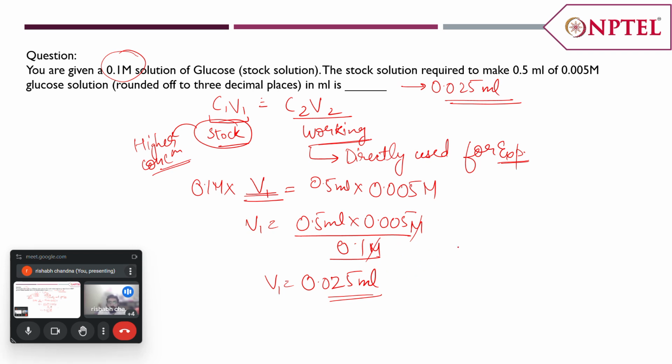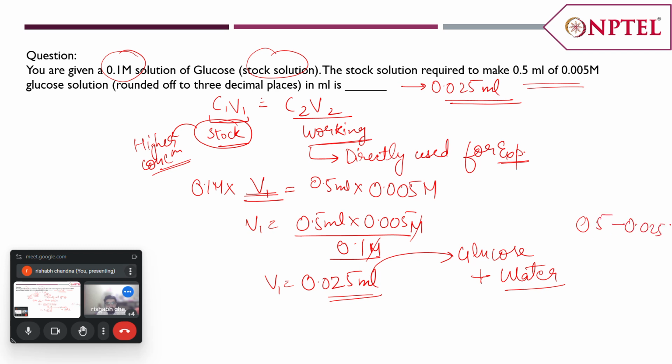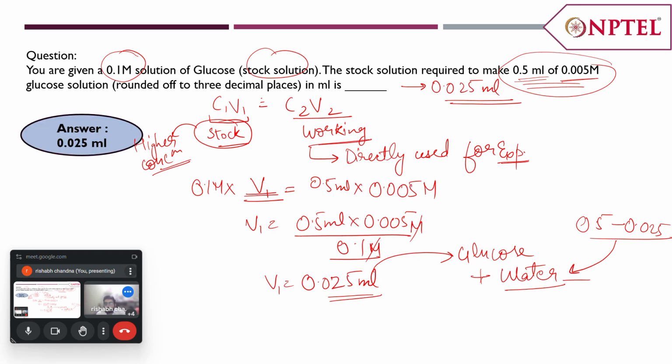So how will we make this solution? First we'll add this much glucose solution from the stock, and then we'll add water, the remaining amount. So 0.5 minus 0.025 ml will be the amount of water added to form this concentration of glucose in this volume. Okay, so is the explanation clear?